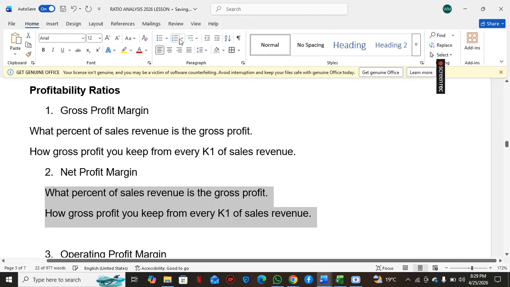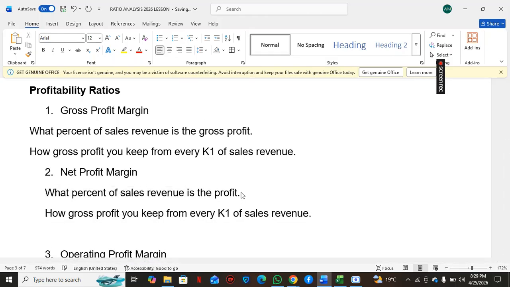I don't know why I'm used to kwacha. So what percent of sales revenue is net profit? Or how much net profit you keep from every 1 kwacha or 100 kwacha of sales revenue?